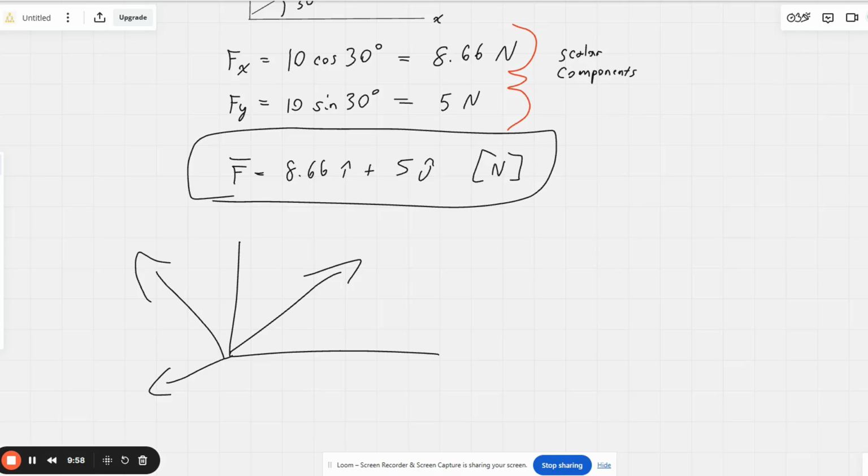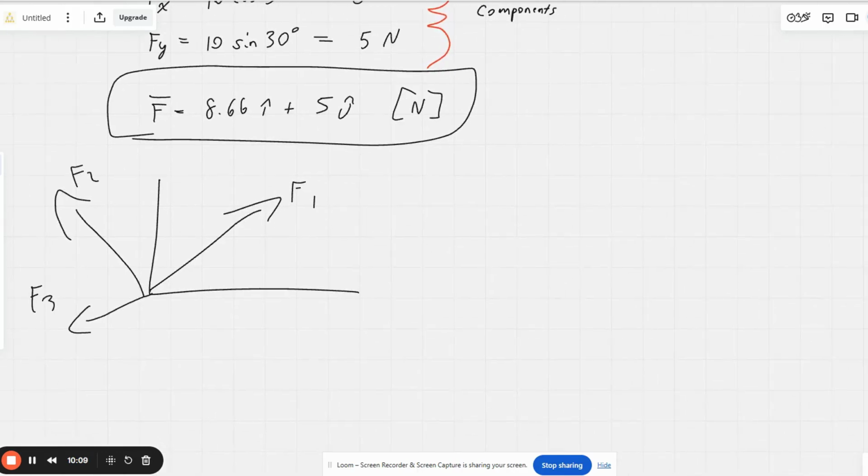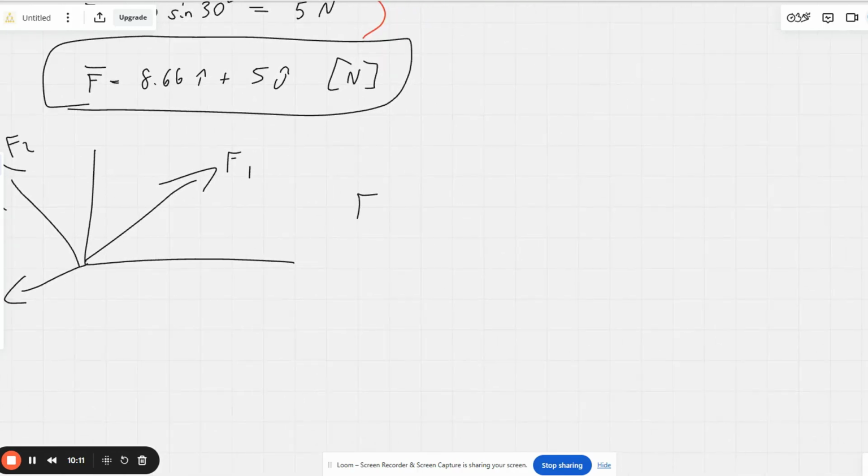And we want to find the resultant of these. What we can do is break down the components of F, let's call these F1, F2, F3. We have three different ones, and then we can sum all the F of x's together, and we would have F1x plus F2x plus F3x.